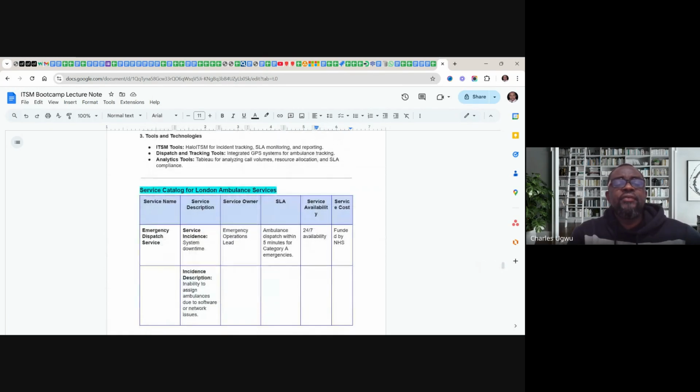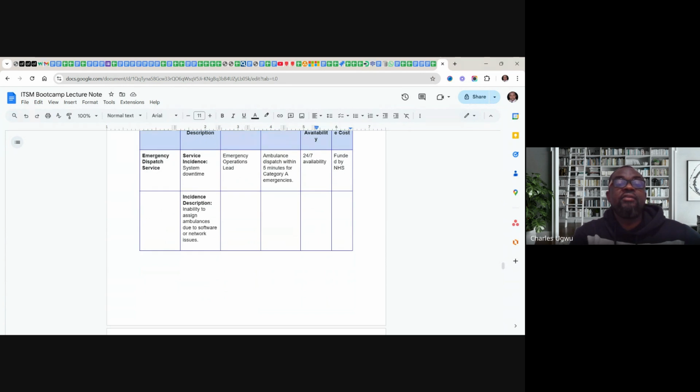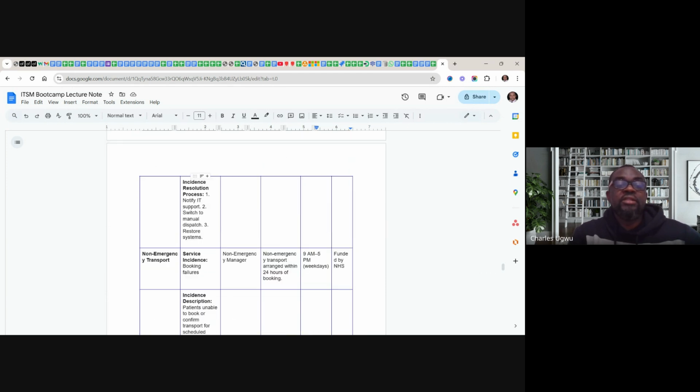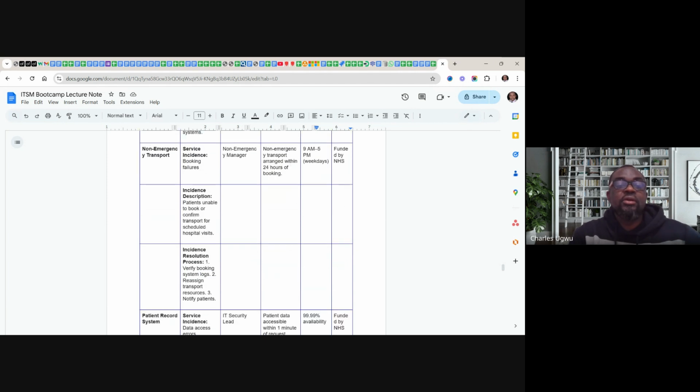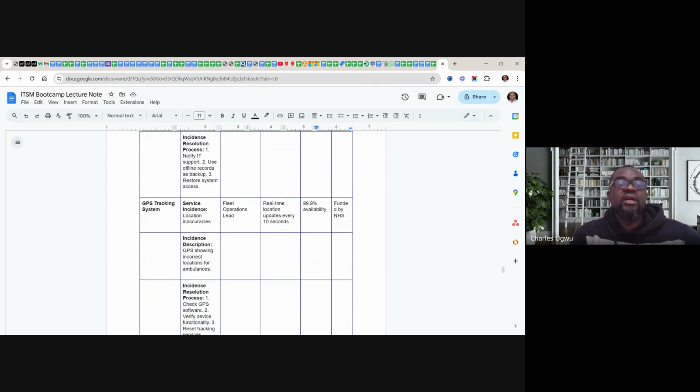Then if you are working with somewhere like London Ambulance Service, you have different services the ITSM unit might be supporting. For example, we have emergency dispatch service, non-emergency transport, a patient's record system, and a GPS tracking system.